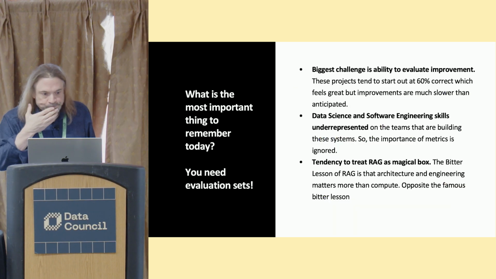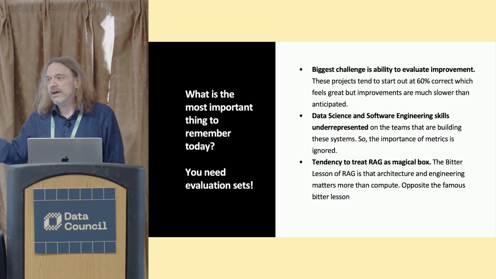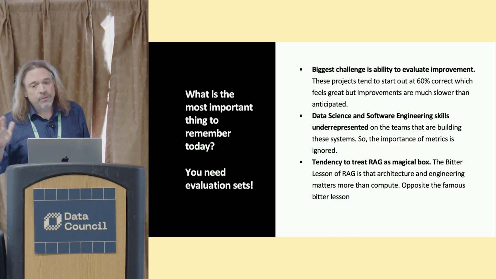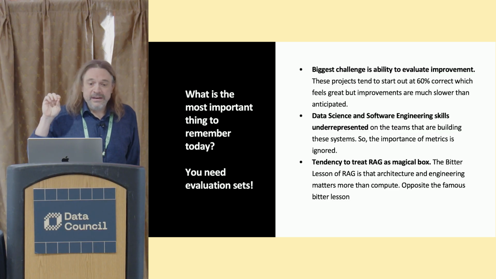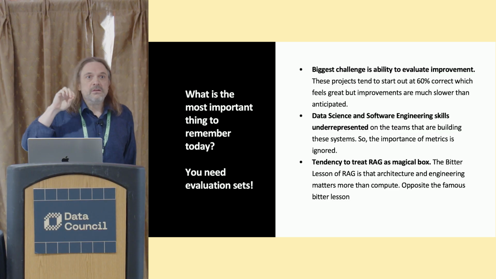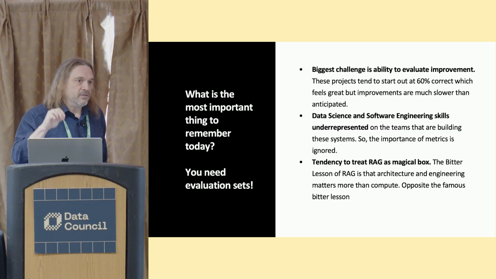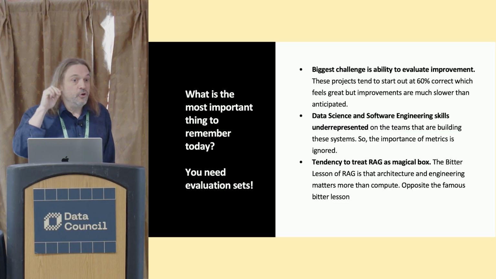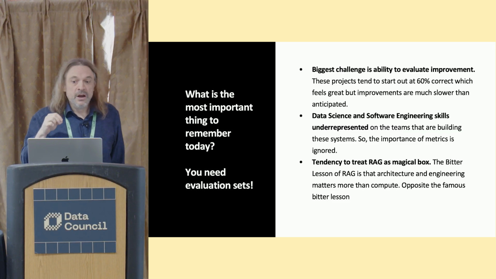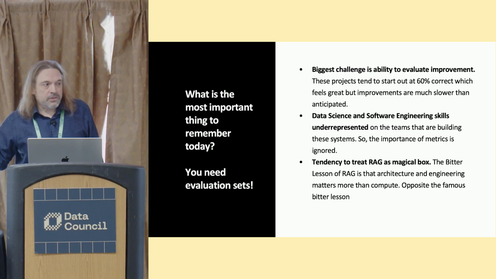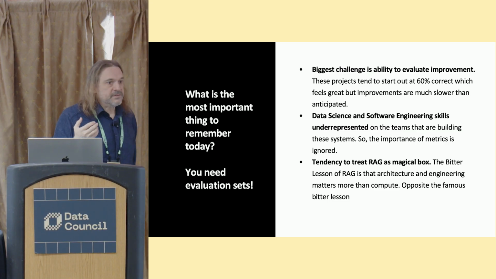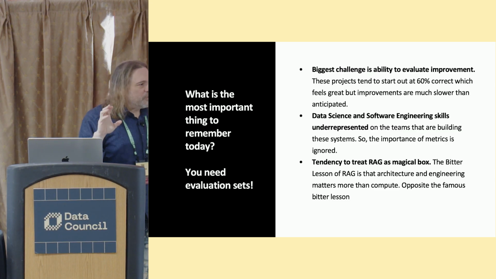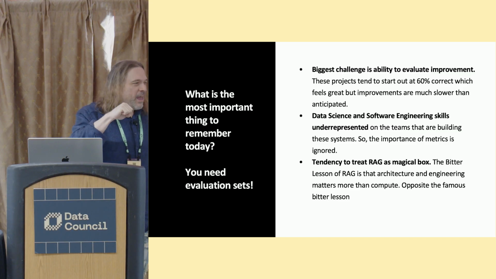But if you forget everything else from this talk, there's one thing I really want to emphasize, and that is you need to produce evaluation sets. You need to understand what good is to get better. The thing that I think throws a lot of people off on these systems is, unlike most software systems, when you start out, it feels like you're 60% there.